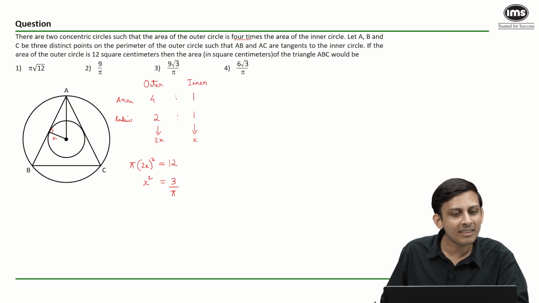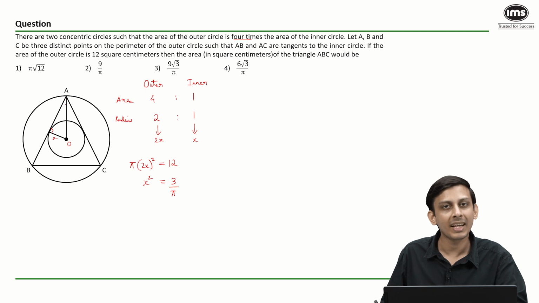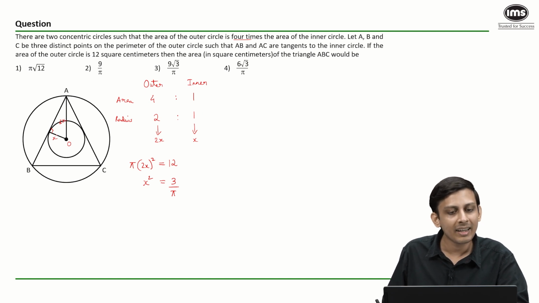Now, if I take the center as O, what is this length OA? It is the radius of the larger circle, which is 2x. Now, in this right angle triangle, if we use Pythagoras, this hypotenuse is 2x, this perpendicular side is x. So using Pythagoras, we will get this side to be root 3x.